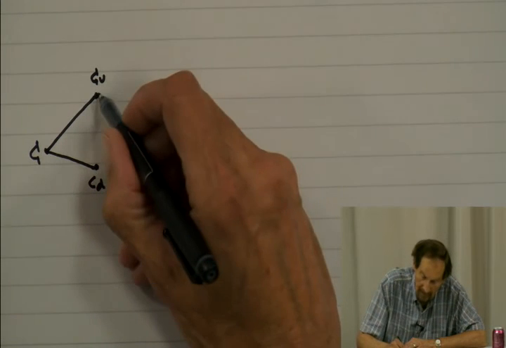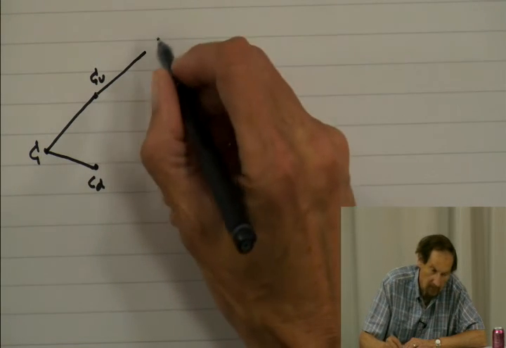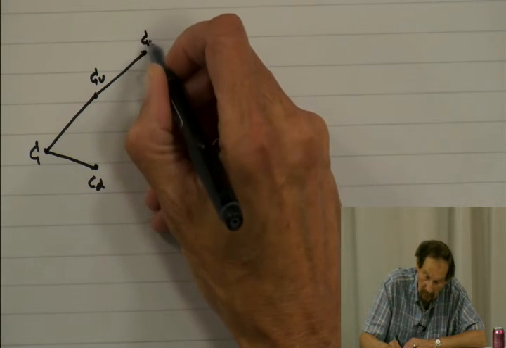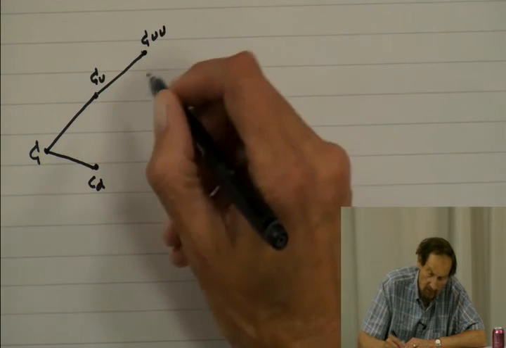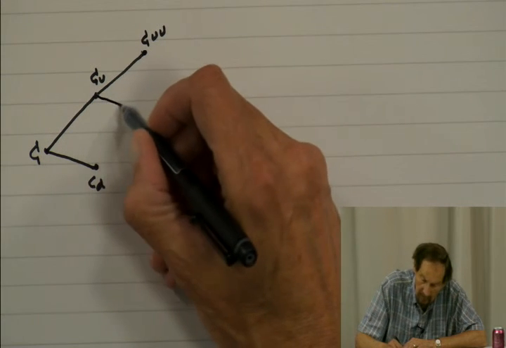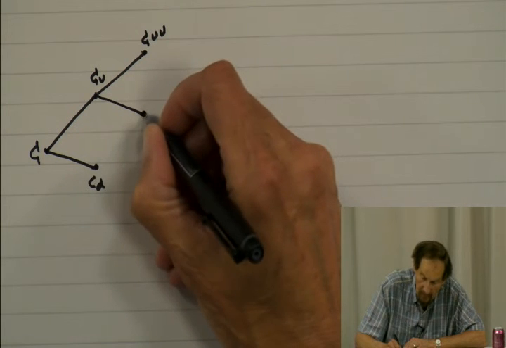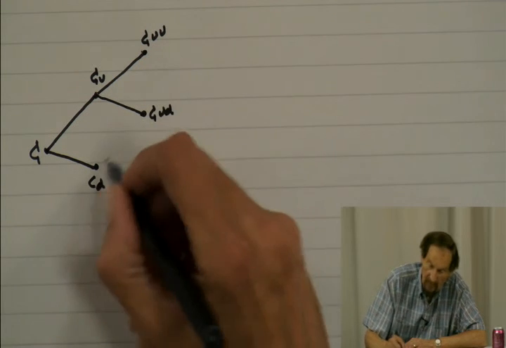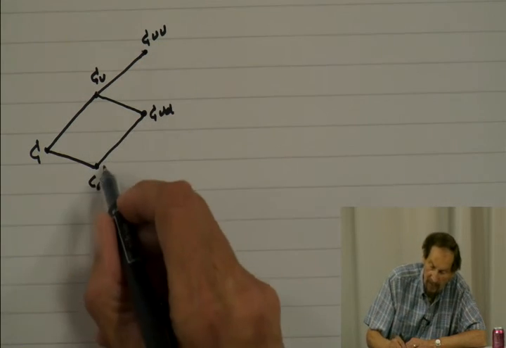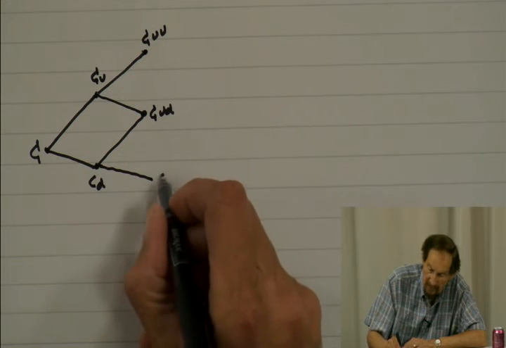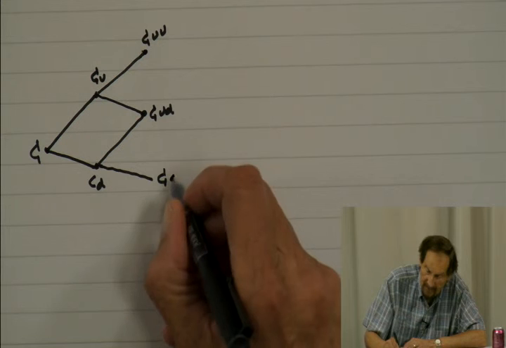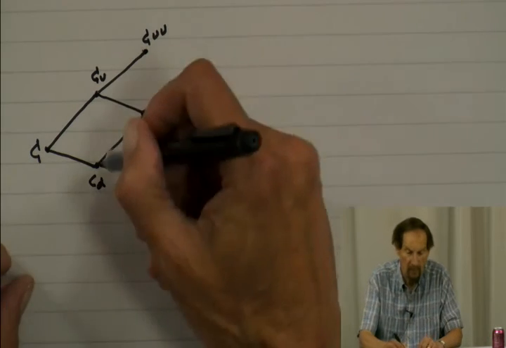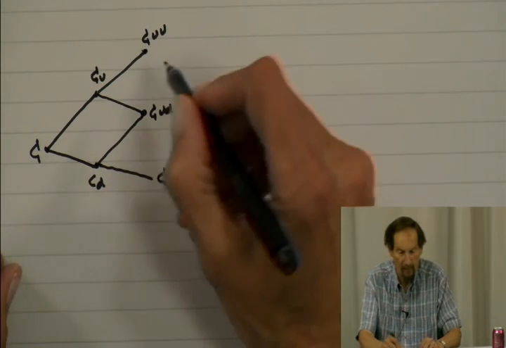And then we can go up again to CUU, or CU squared. Or what can we do? We can go up and down to CUD. Again, we can get there from this way, or we could go down to CDD. Okay. This is after 1 period. This is after 2 periods here.